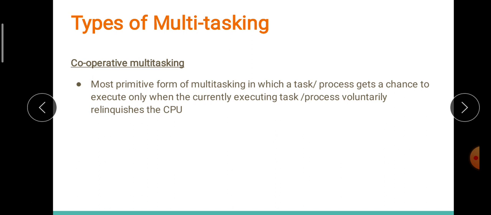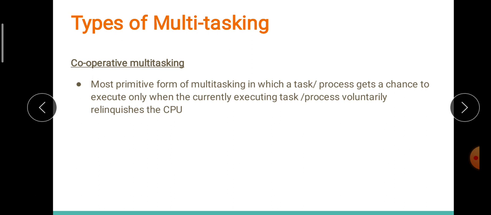Task 2 can only start execution once task 1, the currently executing task, voluntarily releases the CPU. In this method, task 1 can hold the CPU for as much time as it wants.